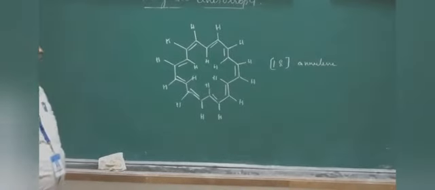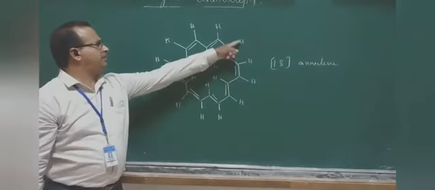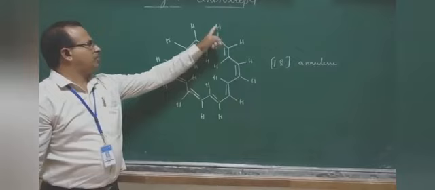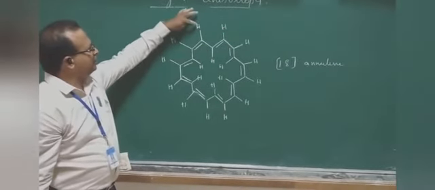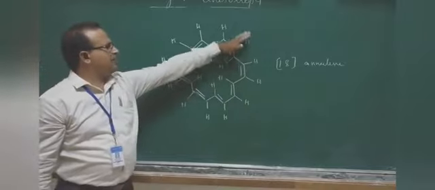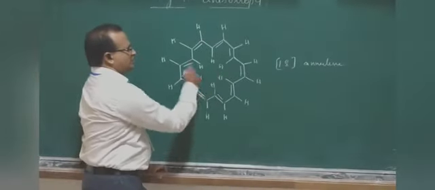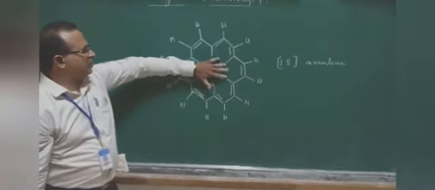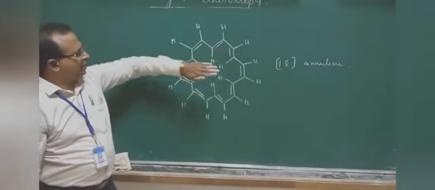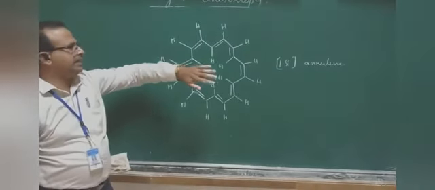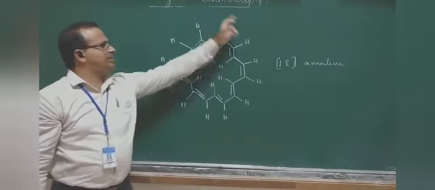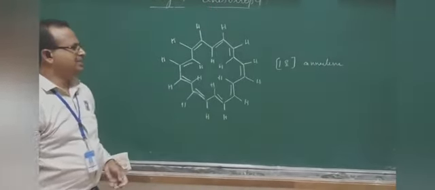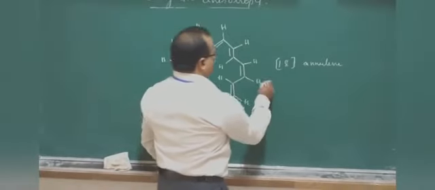It consists of 2 types of protons. One is the peripheral protons. There are 18 protons: 12 in the periphery and 6 in the inner side. These 6 protons are present in the shielding region of the molecule, and all these 12 peripheral protons are in the de-shielding region of the molecule.